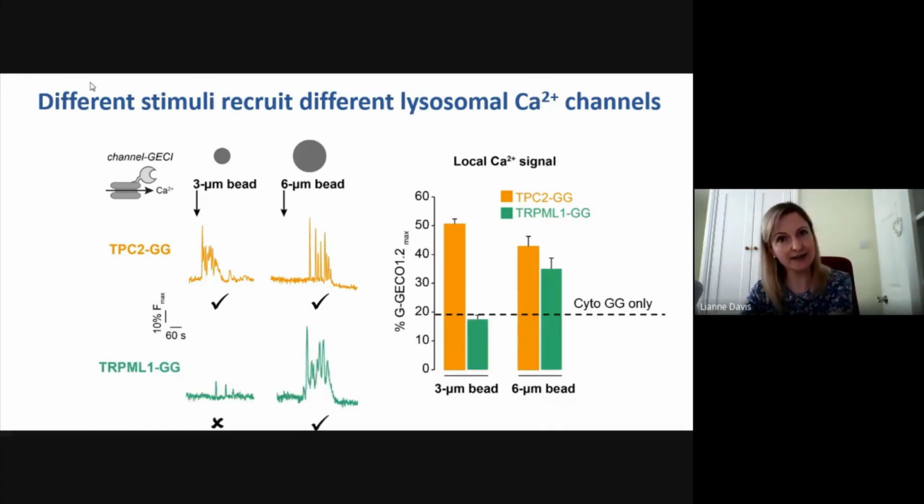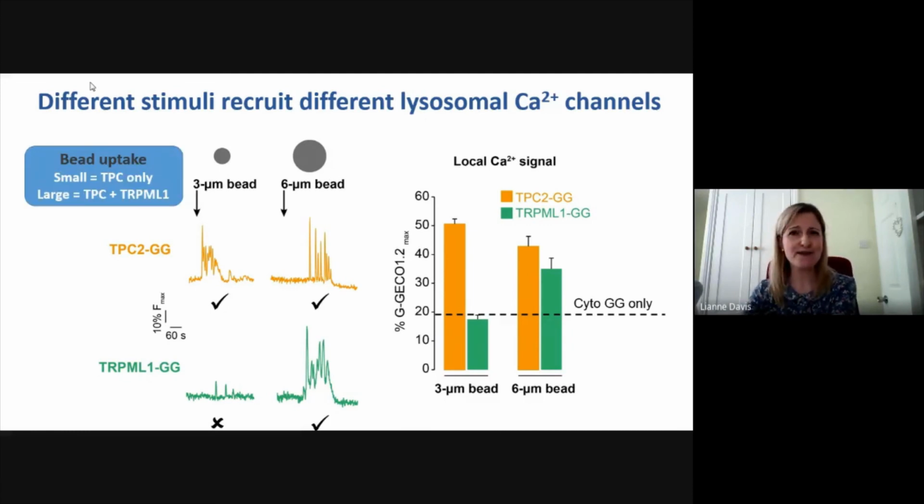On the other hand, the activation of TRPML1 was stimulus dependent. Only large beads activated the channel. So this correlated perfectly with the fact that the uptake of small beads did not require TRPML1, whereas large particles did. So in a nutshell, the macrophage doesn't activate a channel family unless it needs it.